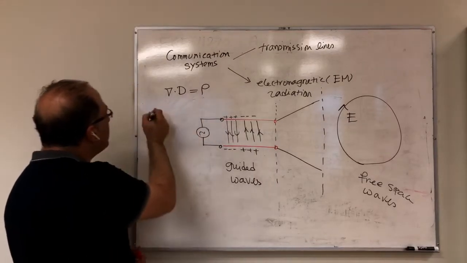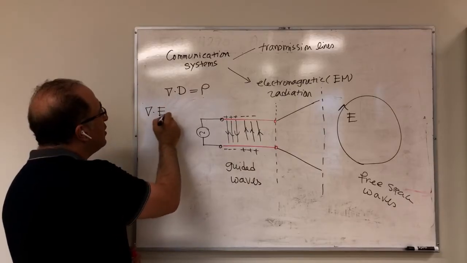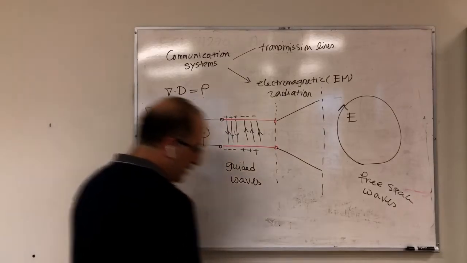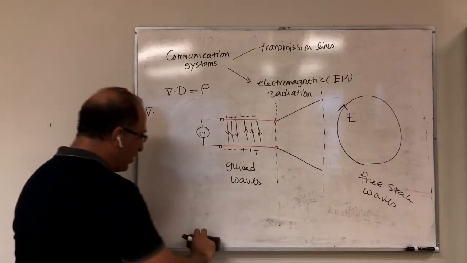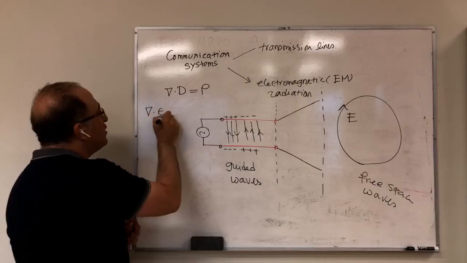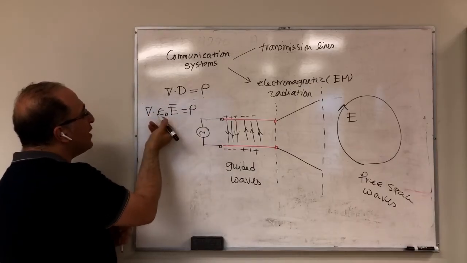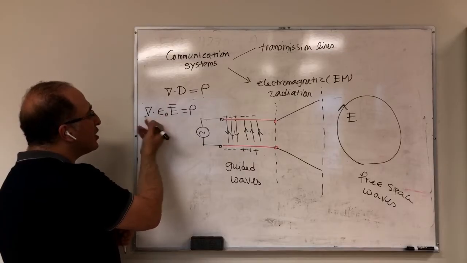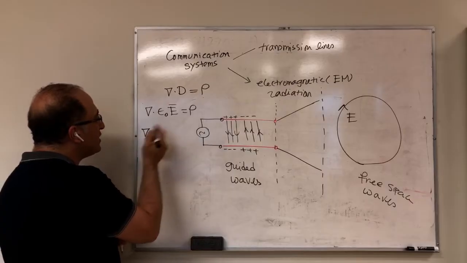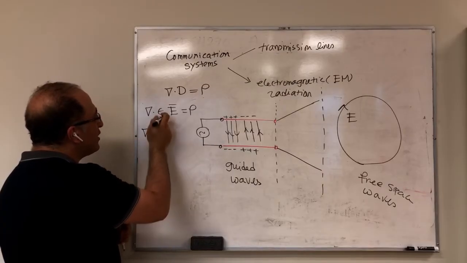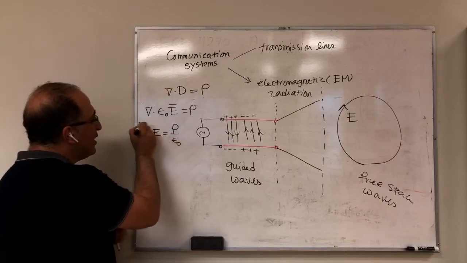So I can write it as divergence of, let me write D, which is electric flux density, as epsilon naught E, equal to charge density. And if epsilon naught is not a function of position, so let's say it's homogeneous, it's in free space, then you can take it out of the divergence and it becomes rho divided by epsilon naught.